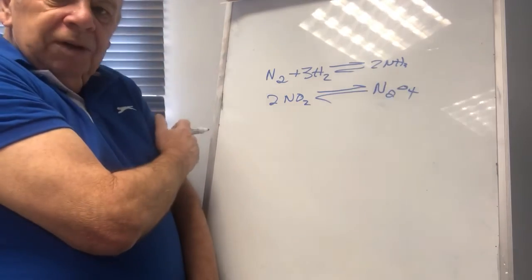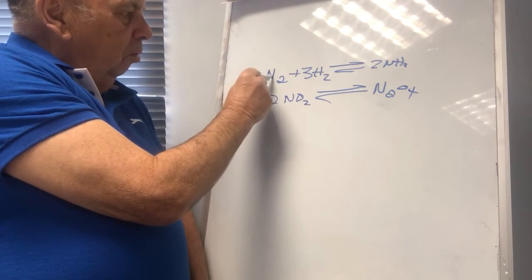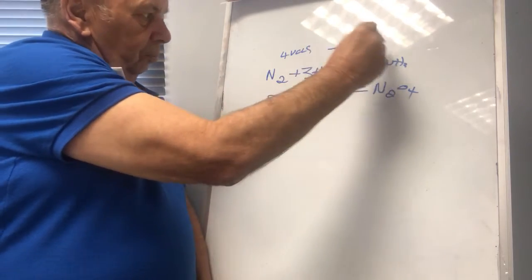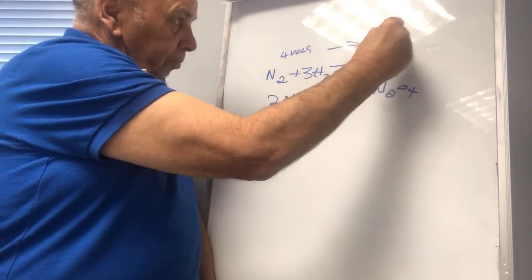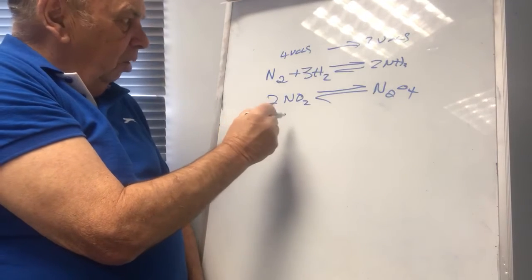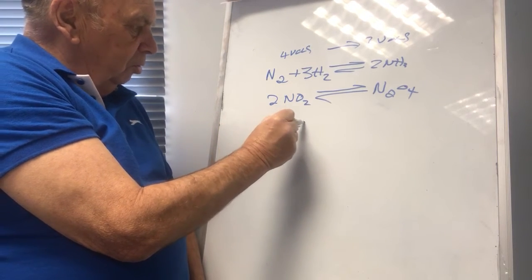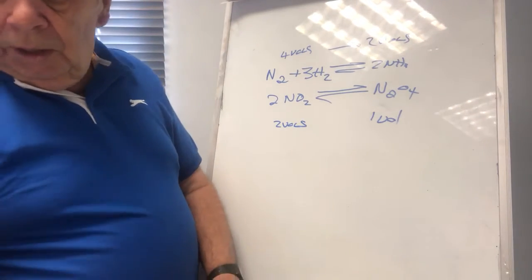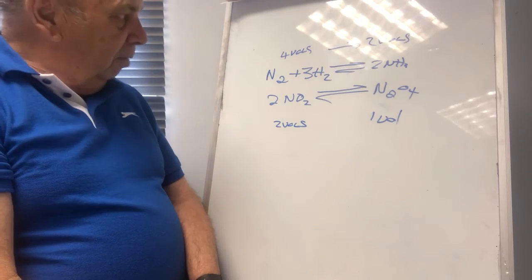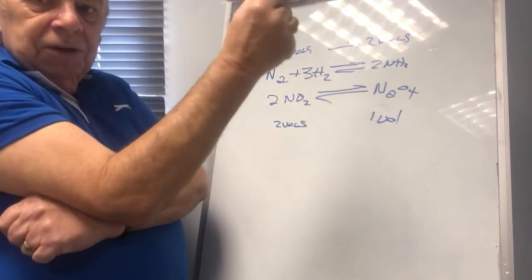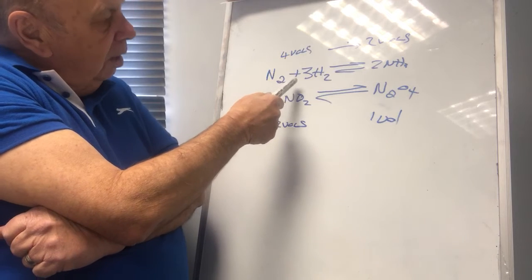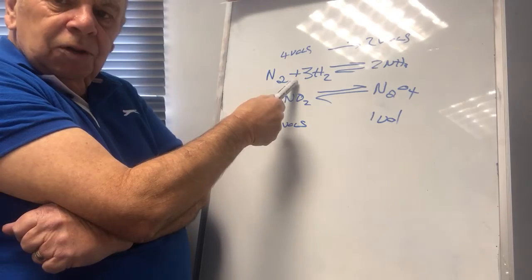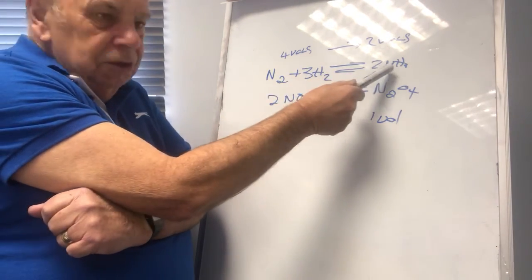So there I'm going from 4 volumes to 2 volumes, and here I'm going from 2 volumes to 1 volume. So what can you tell me about that? If I increase the pressure of this, there's an equal and opposite change in that.